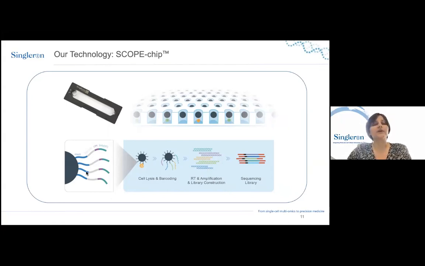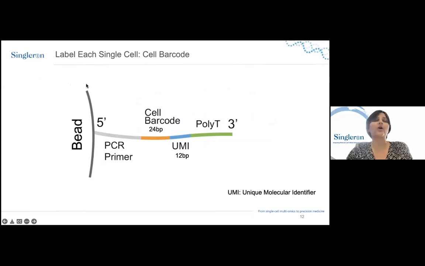Let me now explain what exactly are the sequences that are attached to the barcoding beads. Every barcoding bead carries millions and millions of these sequences. Let's start from the right side. In green, you can see the poly-T sequence, which serves for the capture of the polyadenylated mRNAs from the cells. Then there is a blue sequence called UMI, which stands for unique molecular identifier.